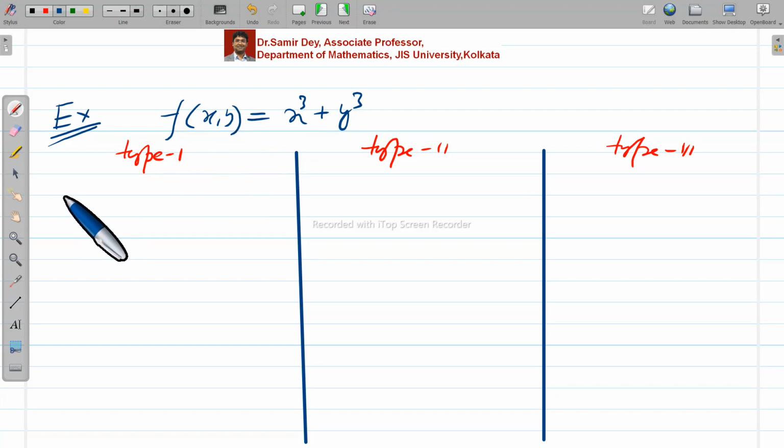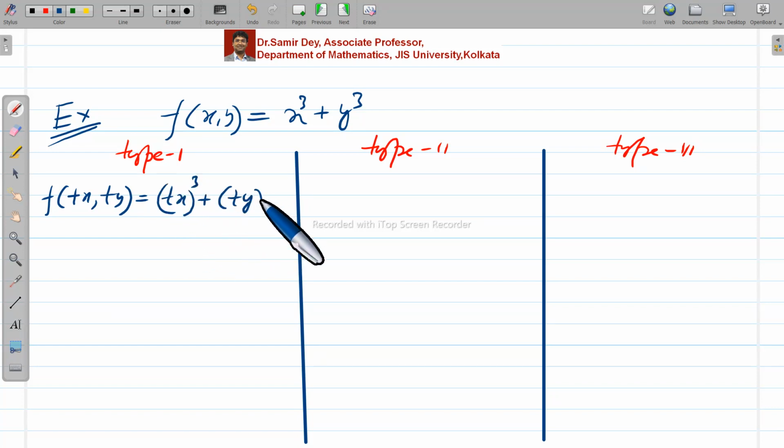So this is your function. First you write down f(tx, ty). What does it mean? You replace x by tx. From here you may write (tx) to the power cube plus (ty) to the power cube. Please don't write a suffix, it is basically t into x.